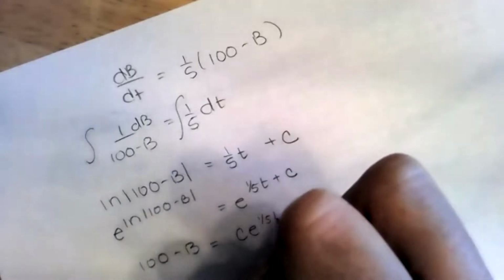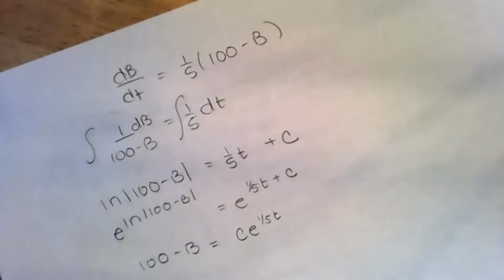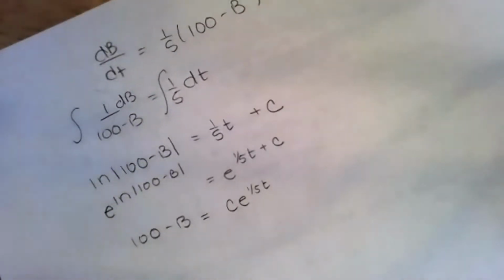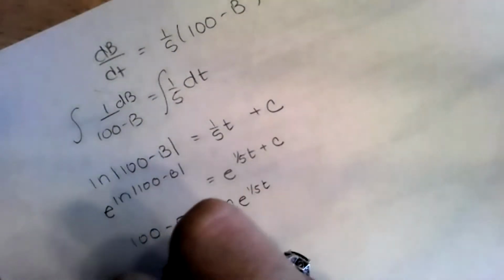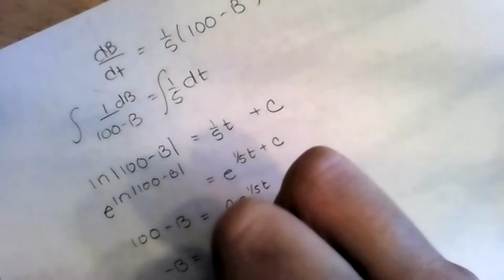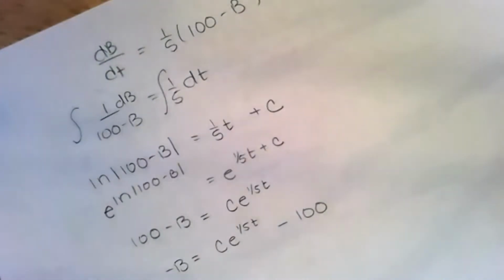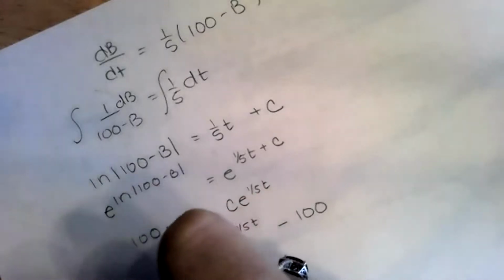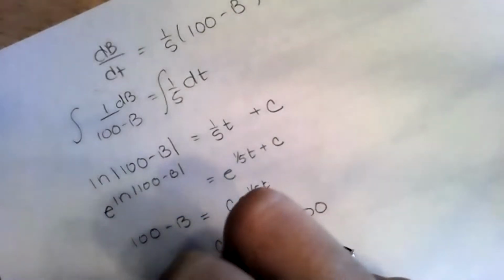I'm going to bring that C down in front. I'm going to solve for B. And then here's where it's a little tricky. I have a negative B. So that means that this is going to be a negative C value.